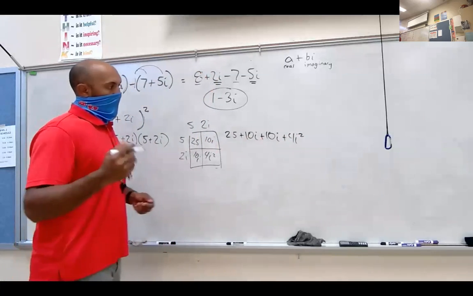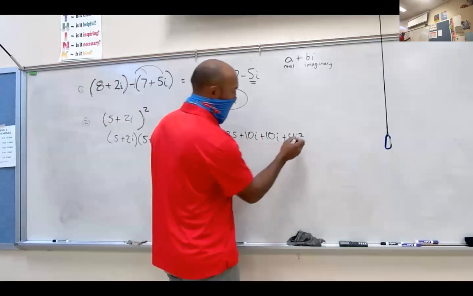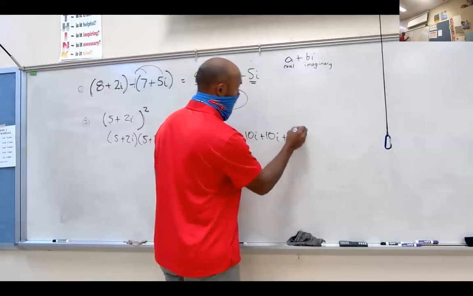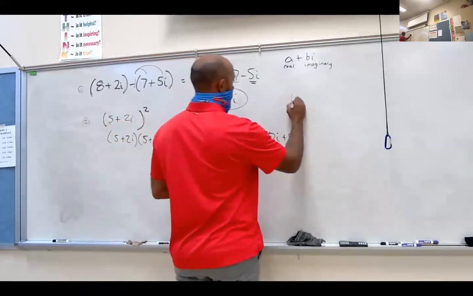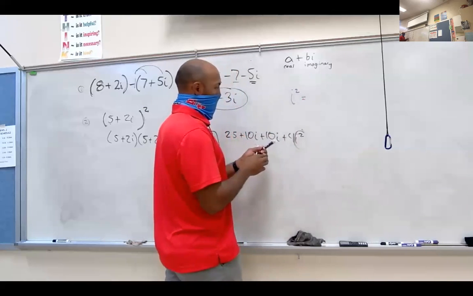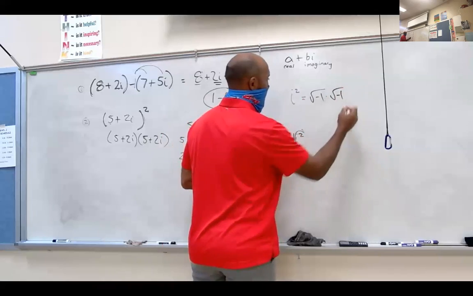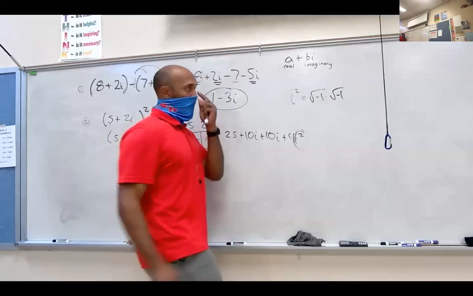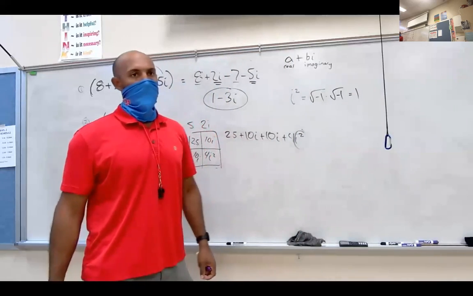Now, there's an issue, and this is on me. It's my fault. Last week, when we talked about what i squared is equal to, I said, okay, if I have i times i, which is basically square root of negative 1 times the square root of negative 1, I told you that that's equal to positive 1, because negative times negative is positive, right?